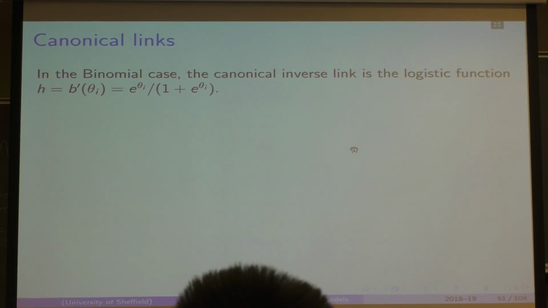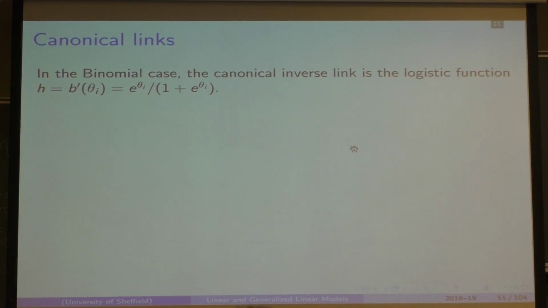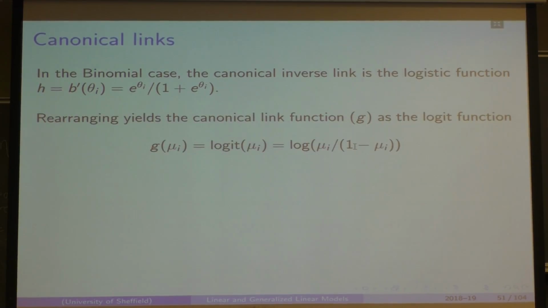So you have the same function, b prime, which is also going to be the inverse link function h. That's one of the examples of links we've discussed: the logit link, where the inverse link function is the logistic function. So the canonical link function for a binomial generalized linear model is the logistic link, or the logit link.